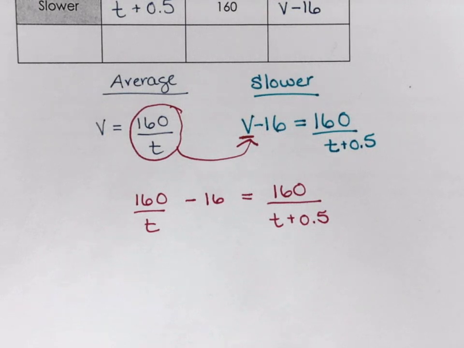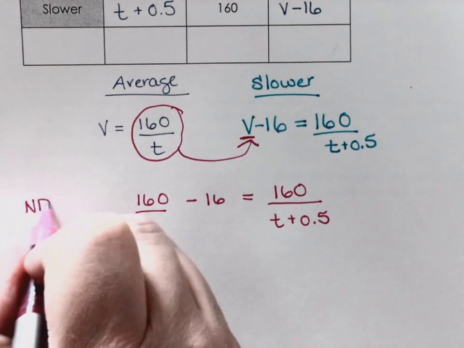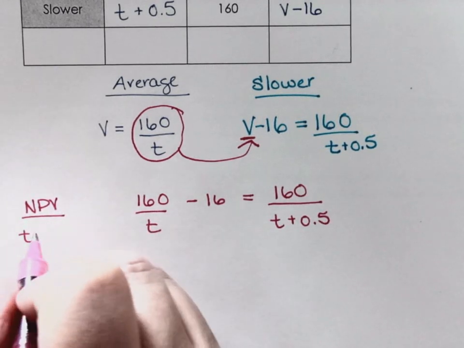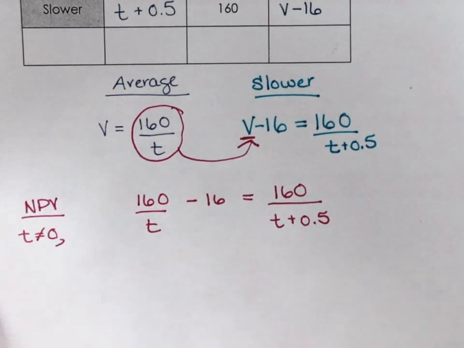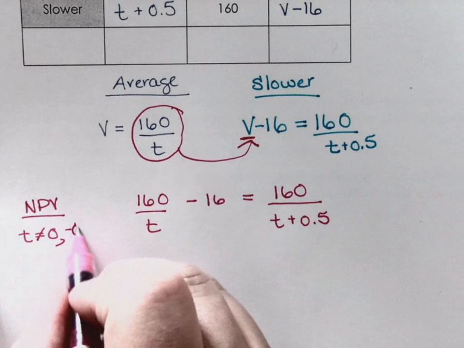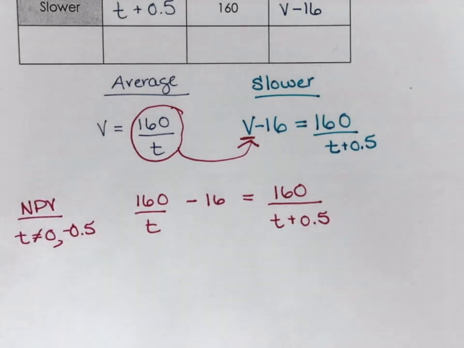Step 1, factor everything. Step 2, NPVs. What are my NPVs? T can't equal 0 or negative 0.5. Okay, good job. Then what comes next? LCD. LCD, thanks.